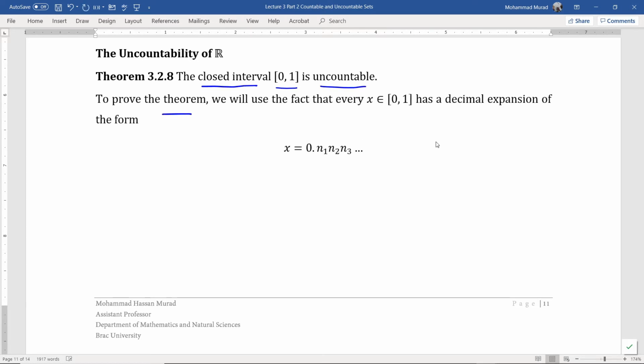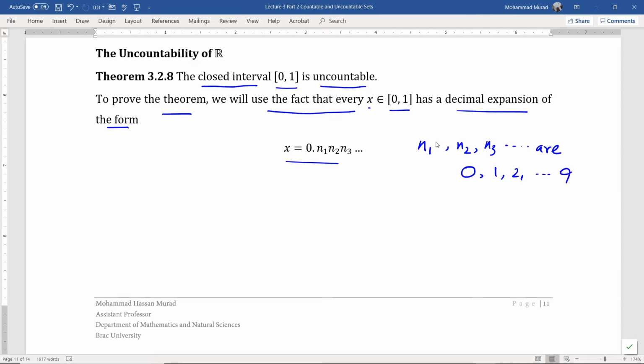To prove the theorem, we will use the fact that every x in this set has a decimal expansion of the form 0.n_1 n_2 n_3 and so on, where n_1, n_2, n_3, and so on are numbers either 0 or 1 or 2 up to 9.